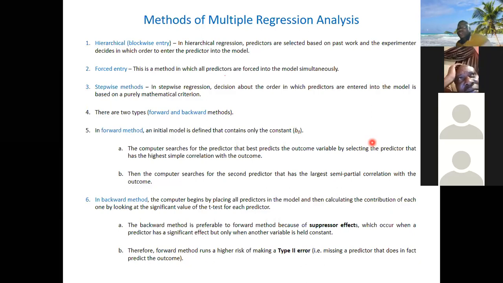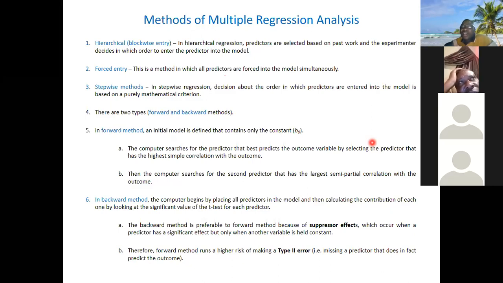Forced entry is for a situation where you just don't have that information. It's more for exploratory analysis. You just put everything in to really know which ones come out still retaining their ability, because any variable that is not a true factor, the statistic will not be significant.